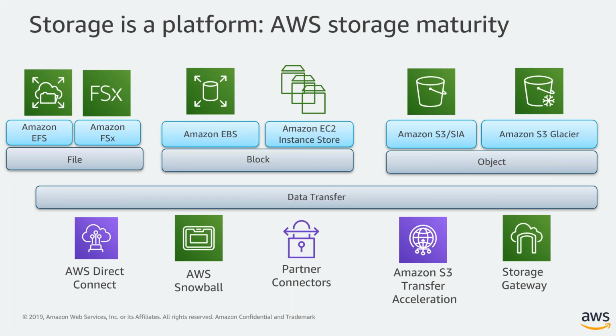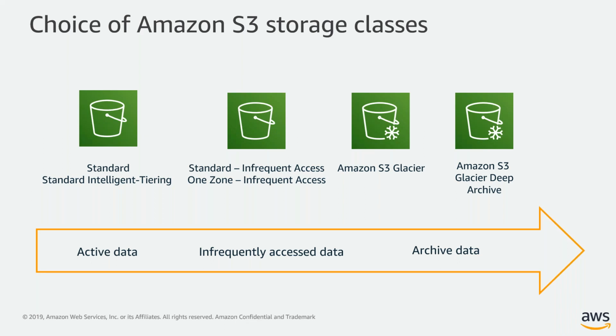And finally, we have Storage Gateway, which helps you in a hybrid solution by deploying a virtual or physical device on premises that helps you connect to Amazon S3. Now, within Amazon S3, we provide a wide variety of different storage features.